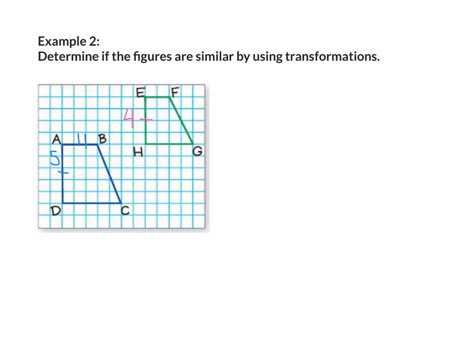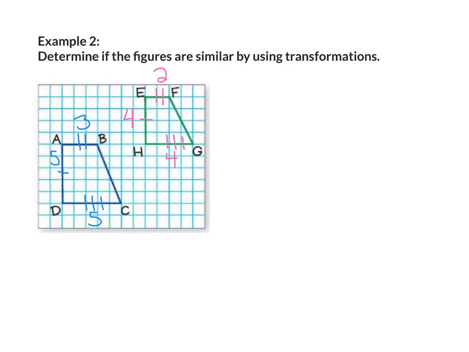It will have 2 dashes, and it's 1, 2, 3 units long. AB corresponds to EF. It will have 2 dashes, and it's 1, 2 units long. Now DC will receive 3 dashes, and it's 1, 2, 3, 4, 5 units long. DC corresponds to HG. That will receive 3 dashes, and it's 1, 2, 3, 4 units long.